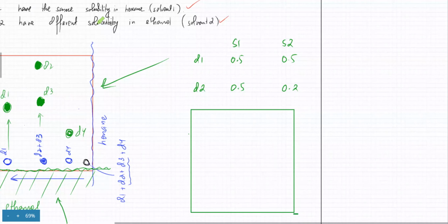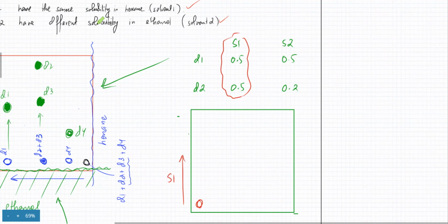So what you're going to do is there are two solvents. Now it's up to you where in which direction would solvent 1 travel. So let's say solvent 1 is traveling in this direction. That's your spot, and this is S1 traveling. Now focus on S1. What are the RF values? Both have exactly the same RF value, which is 0.5.